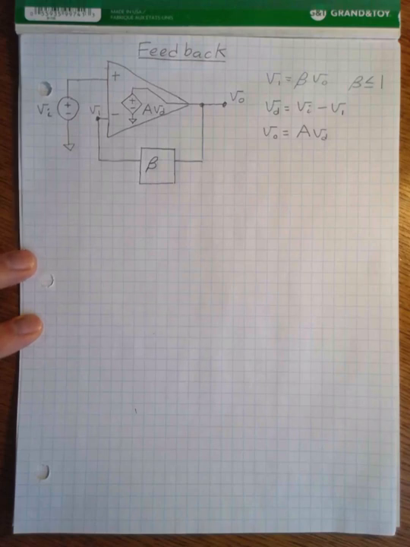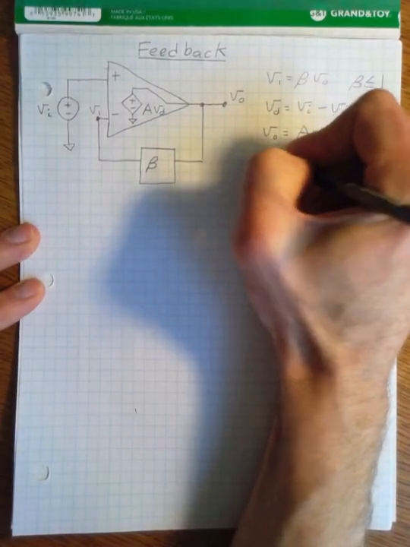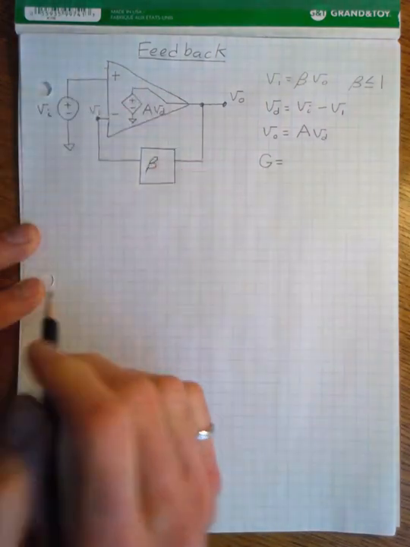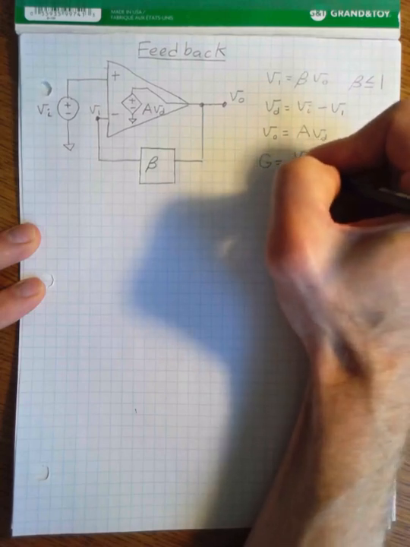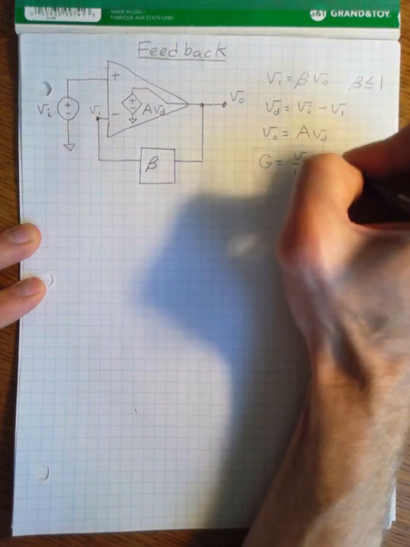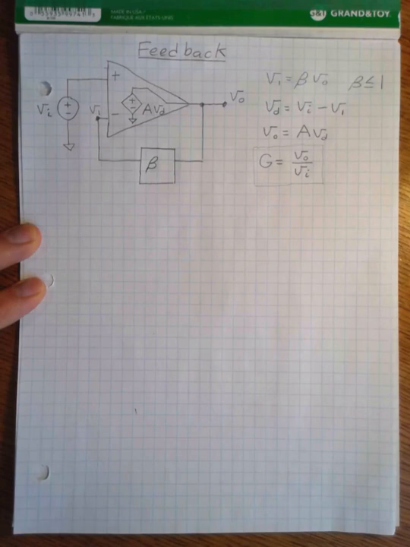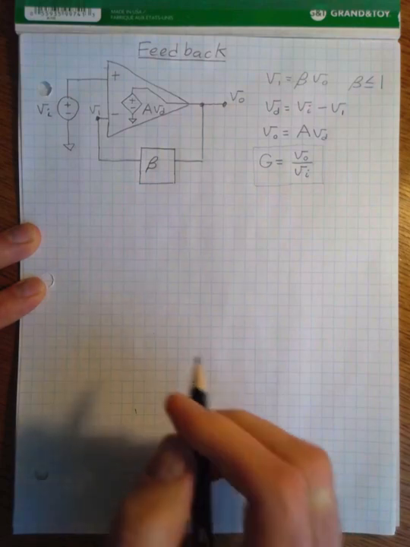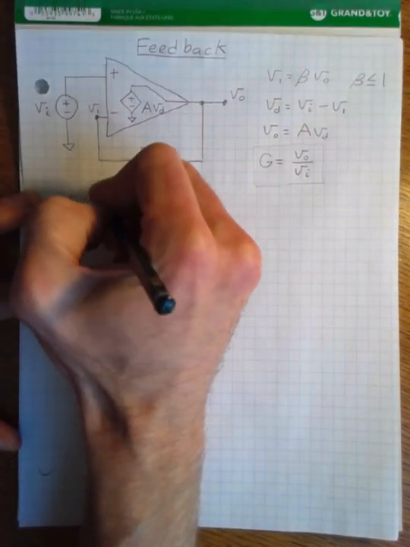The objective of our analysis is still the same. I still want to figure out the voltage gain of this kind of op-amp feedback structure. I want to figure out the size of our output voltage relative to our input voltage. So this is our objective, just like it was at the start of our discussion, except we're not going to make the same assumptions.